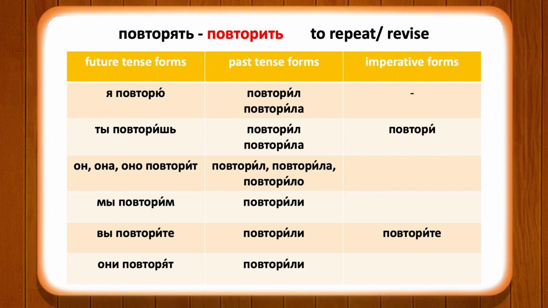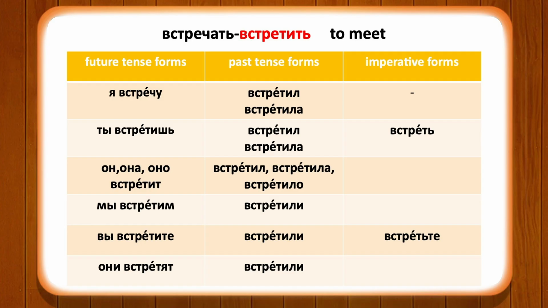Ya pavtaril, ya pavtarila, ti pavtaril, ti pavtarila, on pavtaril, ana pavtarila, ano pavtarila, mi pavtarili, vi pavtarili, ani pavtarili. The next verb that we will learn the conjugation of is vstřečit.